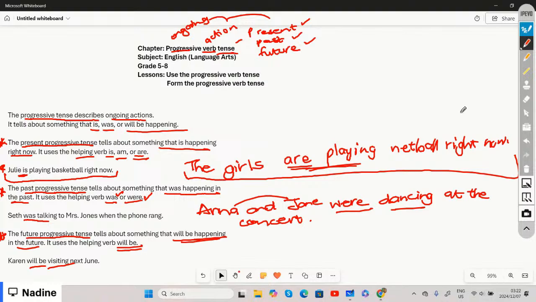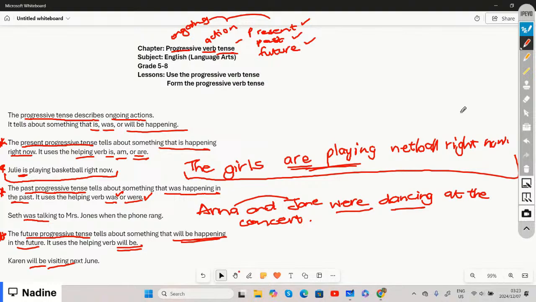And when it comes to the present progressive verb tense, we use the helping verb is, which refers to one person doing an action. Am refers to I doing an action, or me doing an action. Or are, referring to more than one person doing an action.